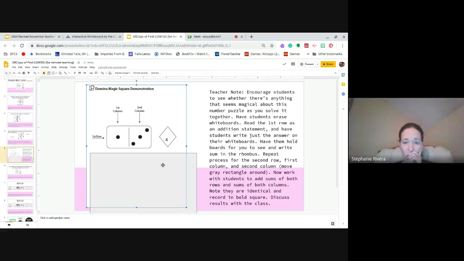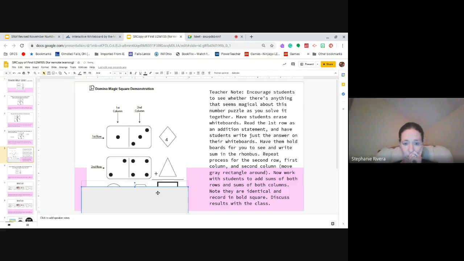We have a 4 there. Now we're going to move down to the second part of our square, and we're going to go across here and say 2 plus 4 this time. Now I can either do 1, 2, 3, 4, 5, 6, or I can start with 4 and say 5, 6. I can add either way, and I'm still going to get the same answer here. So we know that this one is 6.